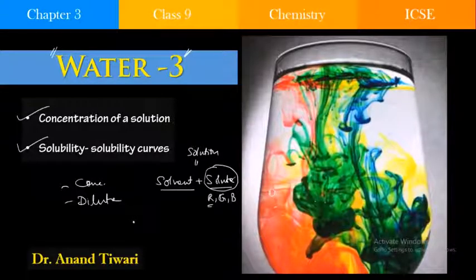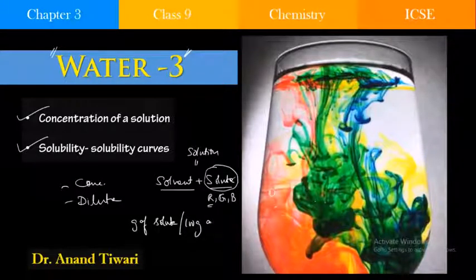Grams of solute per 100 grams of solution is nothing but the concentration of that substance in mass, because we are telling grams. So there are two terms here we will be using. One is the mass percent.